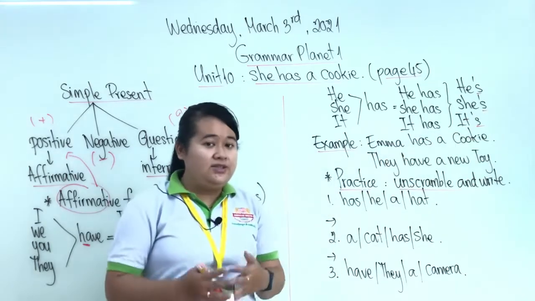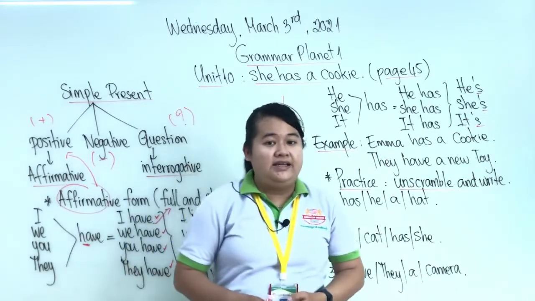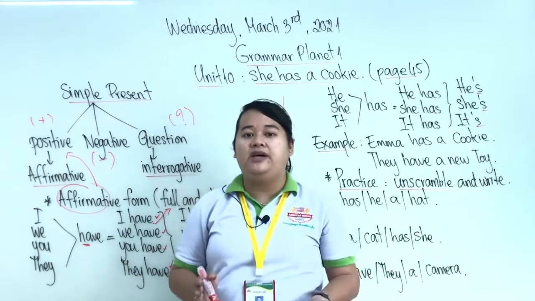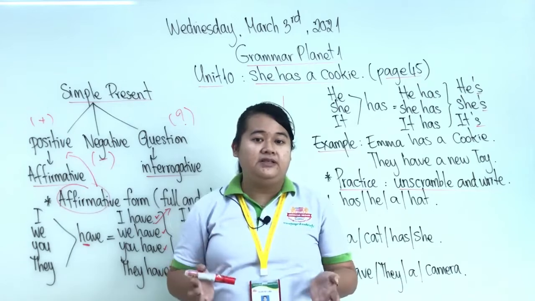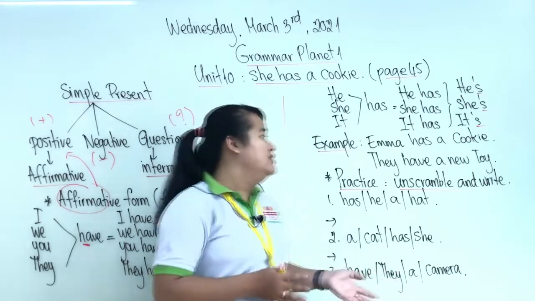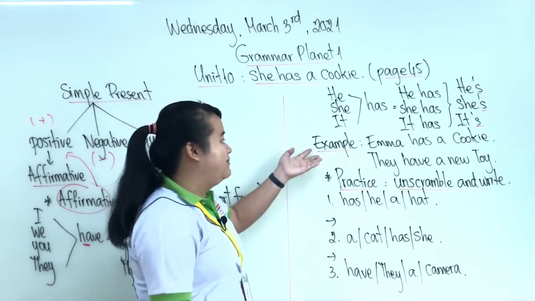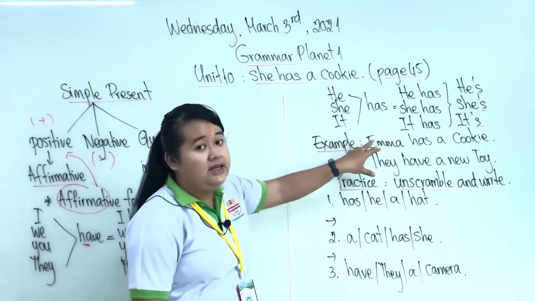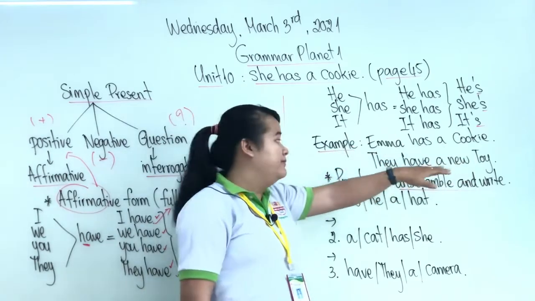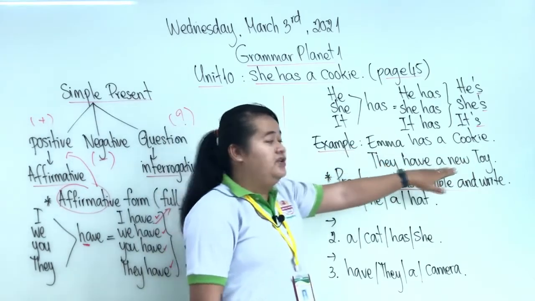So as you know right now, have and has we can write in two ways: one is full form and one is short form. So now let's look at this example. The teacher writes in full form: Emma has a cookie. They have a new toy.